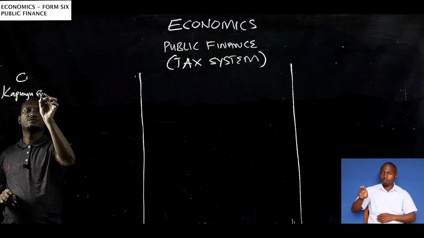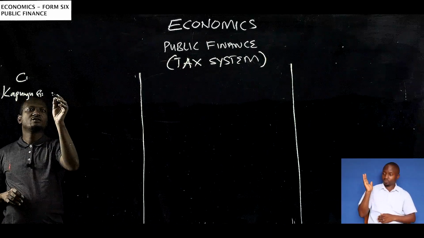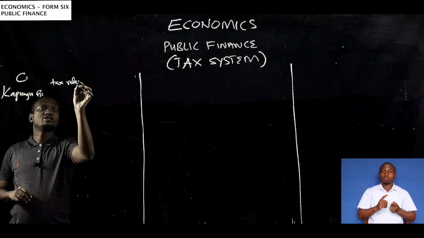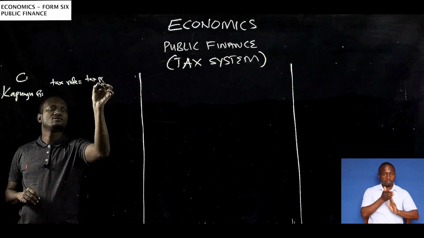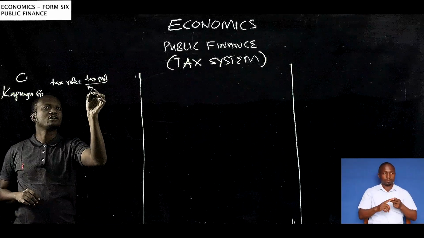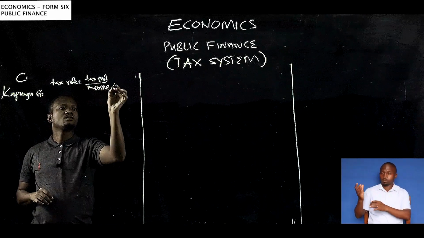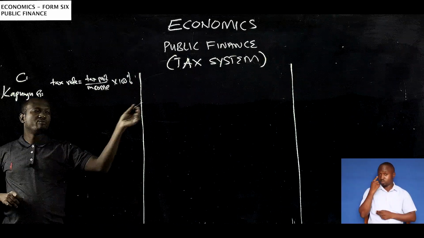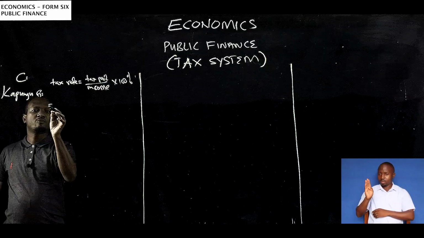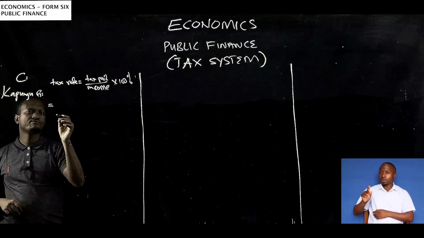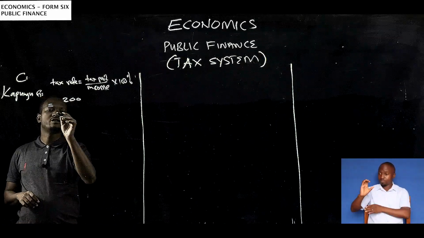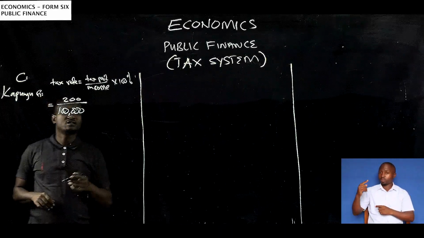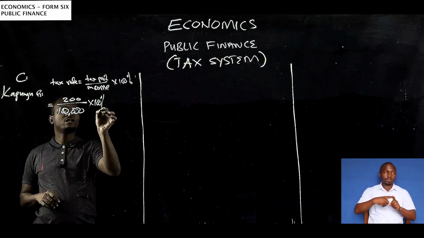Kapungu G. Tax rate, we take tax paid over income times 100, like you have seen at column A and B. So Mr. Kapungu, at column C, paid 200, while his income is 100,000, times 100%.